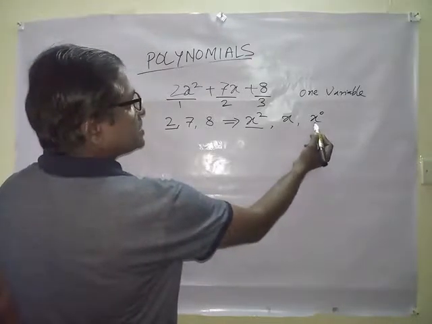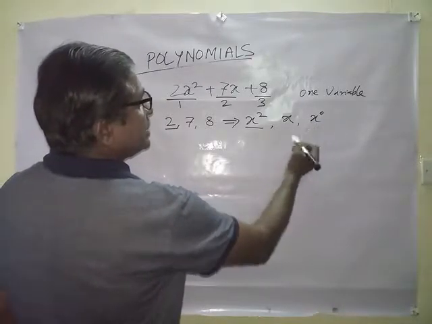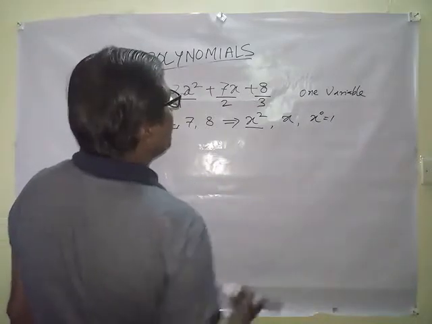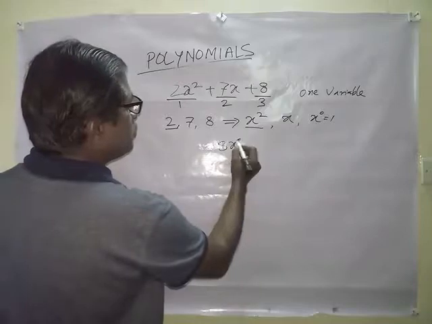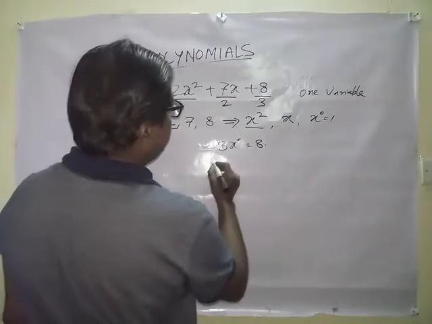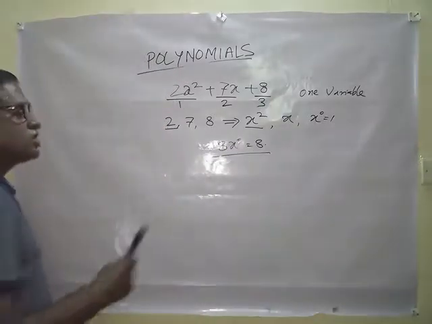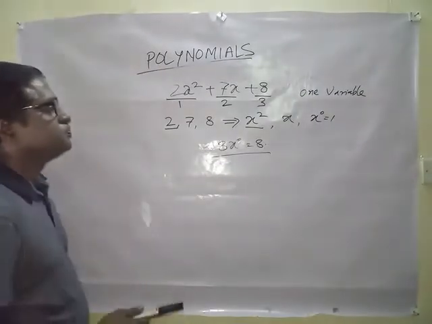Because in a previous class we have studied that x raised to power 0 is equal to 1. So 8 x raised to power 0 is equal to 8. So this type of question will also come.